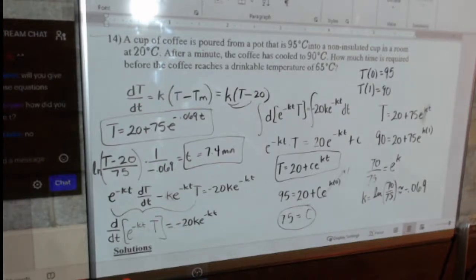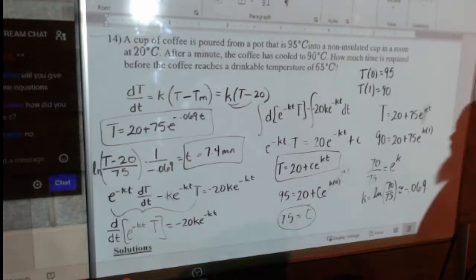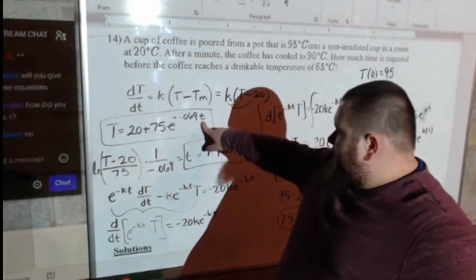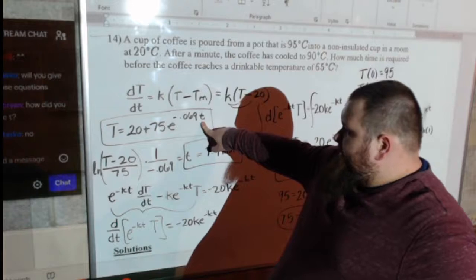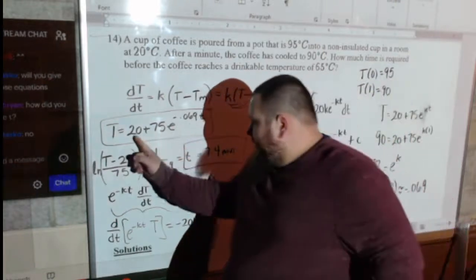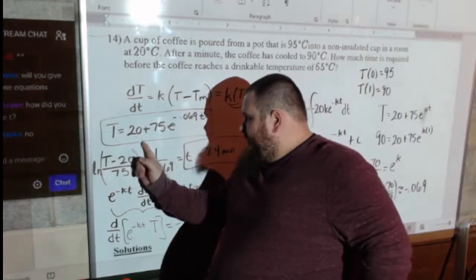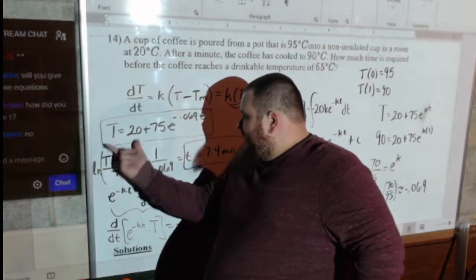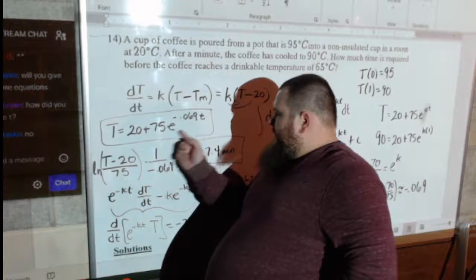How did you isolate T? With a lot of algebra. So I did all the steps at once. You could do this by yourself if you like. First thing you have to do is subtract 20. Move it to that side. So then you'd have T minus 20 equals all of this.